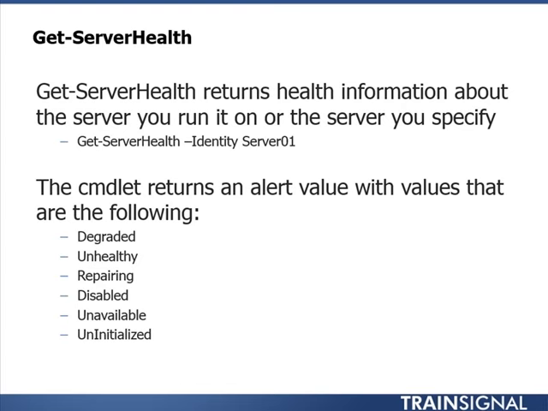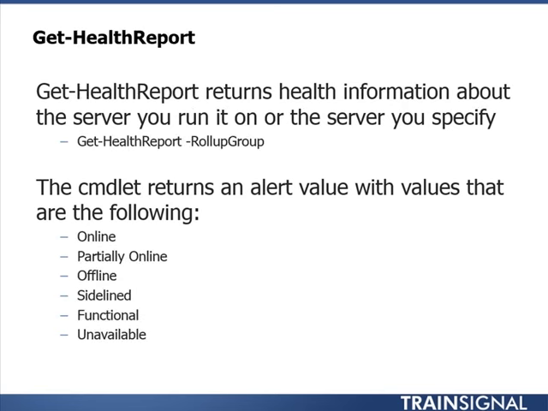There's another commandlet that can be very helpful. It's called get-health report. The get-health report returns health information about the server that you run it on or the server you specify. Now you might be thinking, wait a minute, that was the last commandlet. Well, actually, the get-server health is used to retrieve the raw health data, while the get-health report operates on the raw health data and provides a current snapshot of the health.